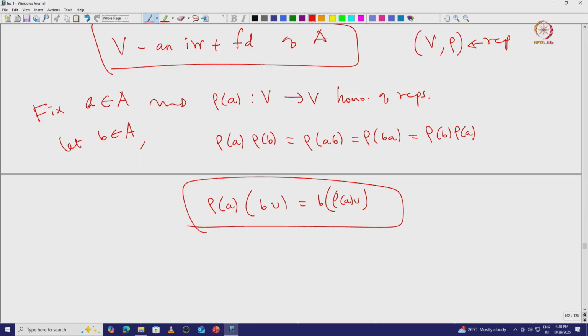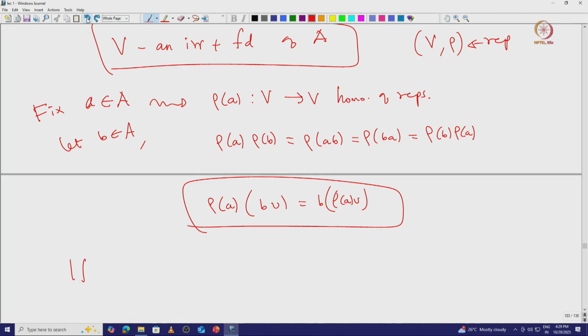Now, if it is a non-zero map, then that would imply it is a multiple of identity. Anyway, even if it is 0, it is a multiple of identity.